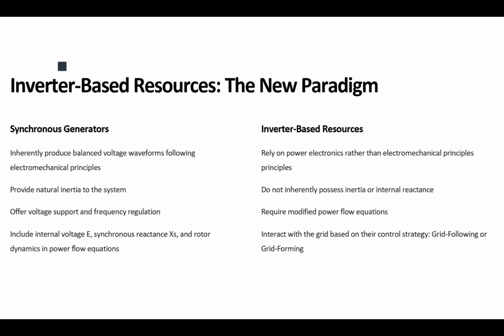If you wanted to look at the response of the sources from the mathematical models, not from the physical aspect that we talked about earlier, that internal voltage and that internal reactance is basically what makes up the inertia and the support of the voltage and frequency.